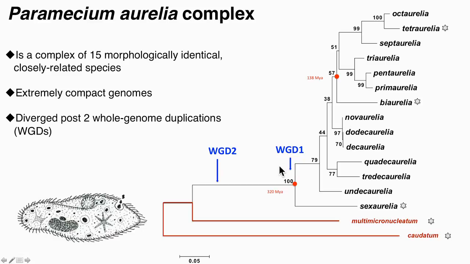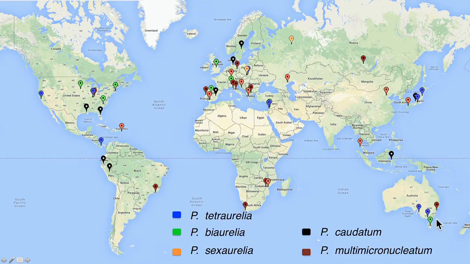So we decided to assess genetic variation in the macronucleus, which is the transcriptionally active nucleus in Paramecium, for 5 different species. So 3 of the aurelia species, and 2 of the closely related outgroup species, P. multimicronucleatum and caudatum. So we collected about 10 to 13 isolates of all these 5 species.